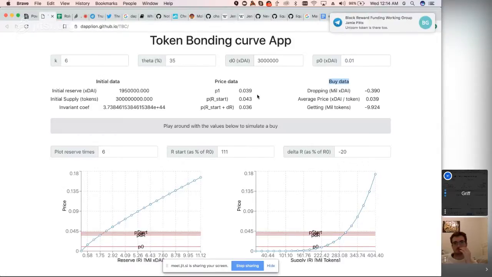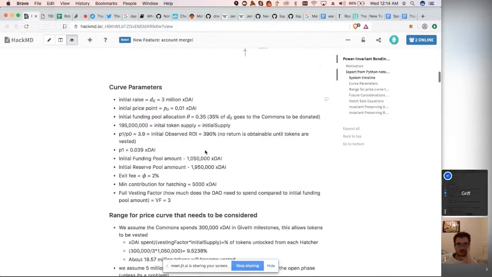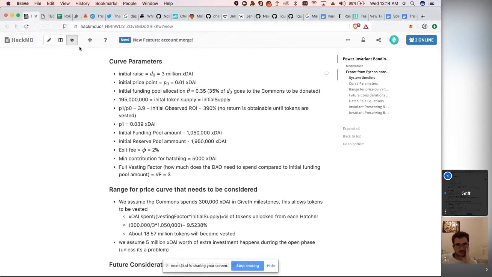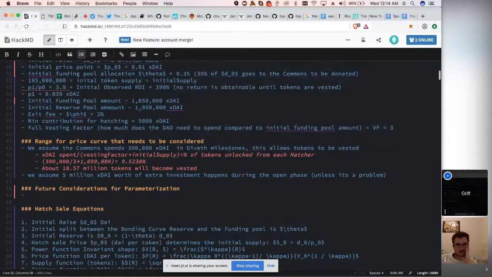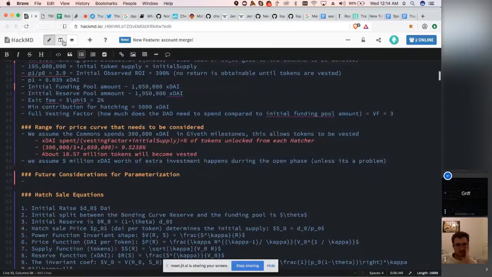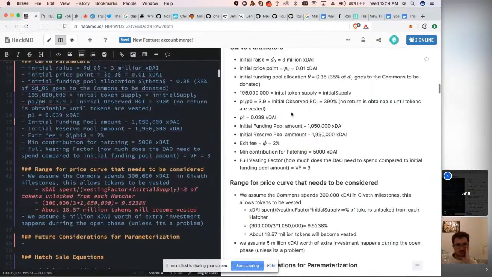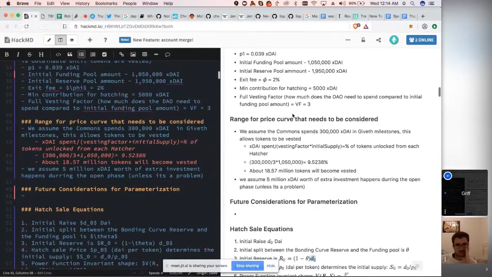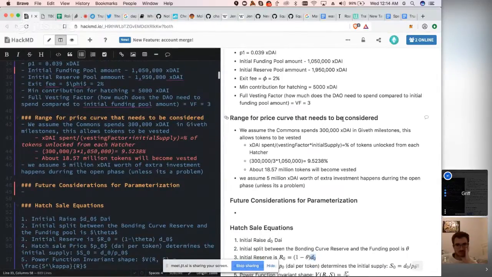So I think that we will end up in here we have curve parameters, and we're saying that the DAO only ever spends $300,000. Sorry, I'm going to go halfway here. Range price for a price curve that needs to be considered.